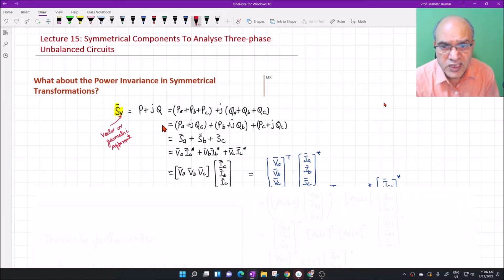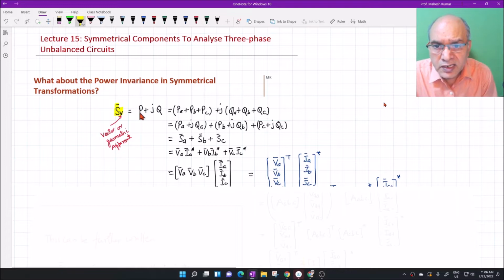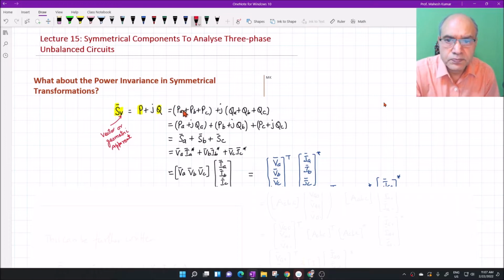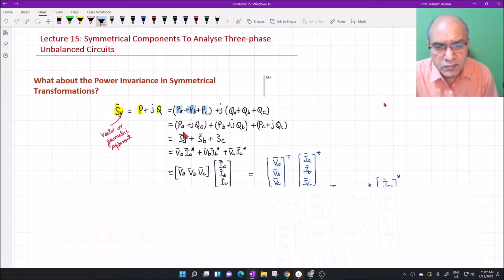each phase power. For example, if the overall active power is P and the overall reactive power is Q, then it is P plus jQ, where P represents PA plus PB plus PC, and Q represents QA plus QB plus QC.